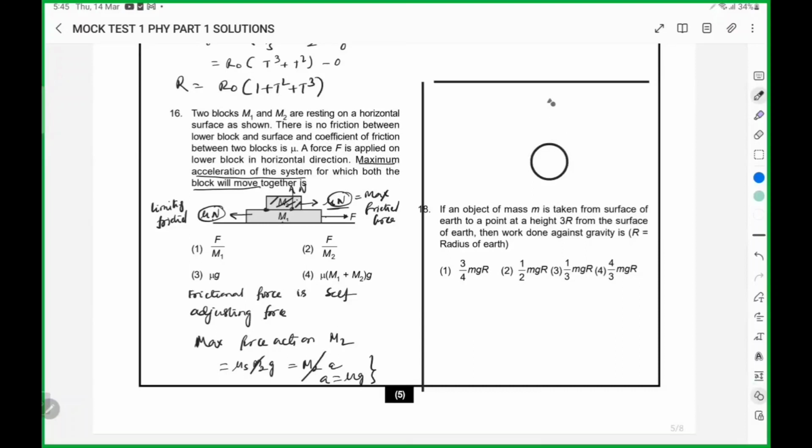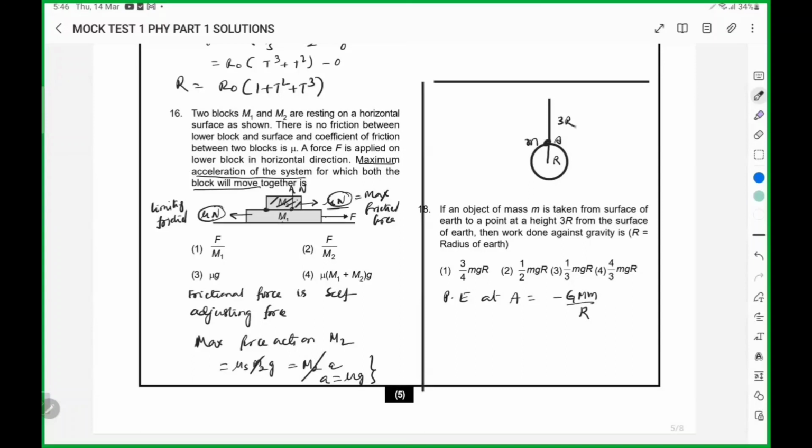Initially, the object of mass m is at a distance R from the center of the earth, then the potential energy at A will be minus GMm by R.